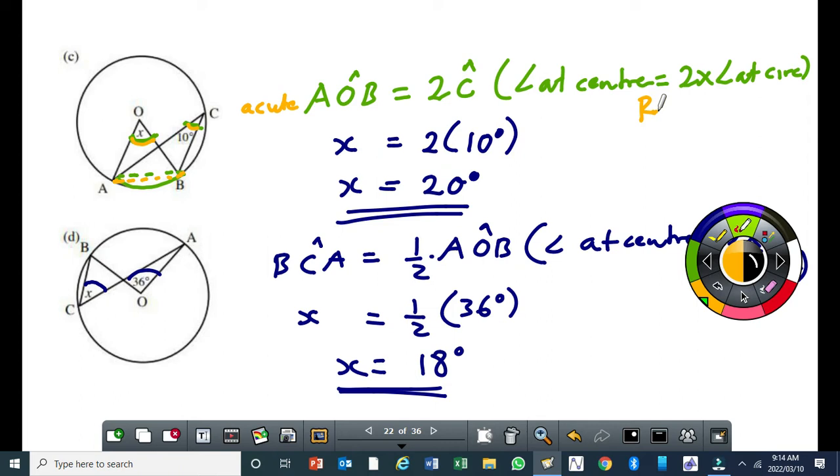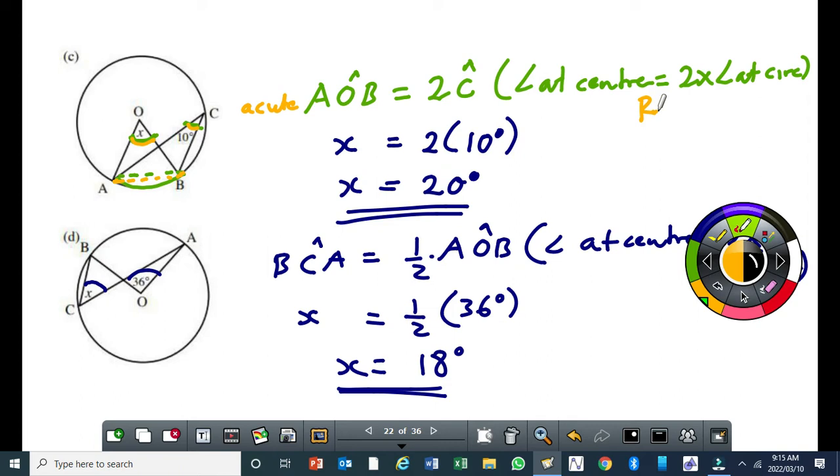Then you can also have another diagram whereby we have got an acute angle at the center, then we have got an angle at the circumference. Always ask yourself which chord or which arc subtends those 2 angles. Identify the chord or the arc which subtends both angles.